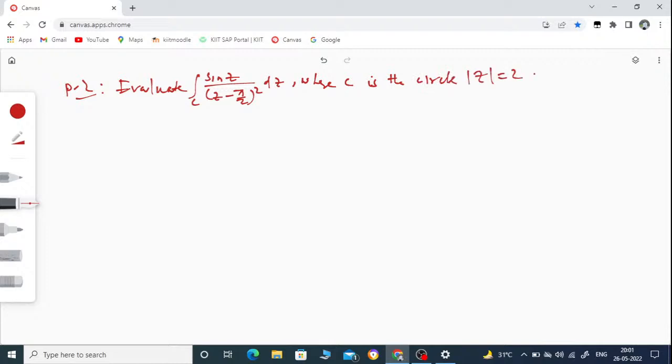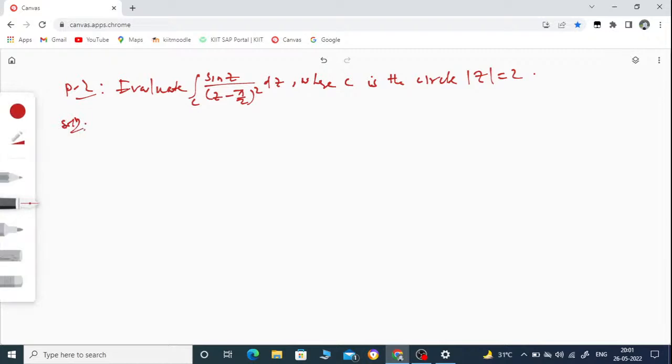Evaluate the integration over C of sin z divided by z minus pi by 2 whole square dz, where C is the circle mod z equal to 2. We have to find its solution.